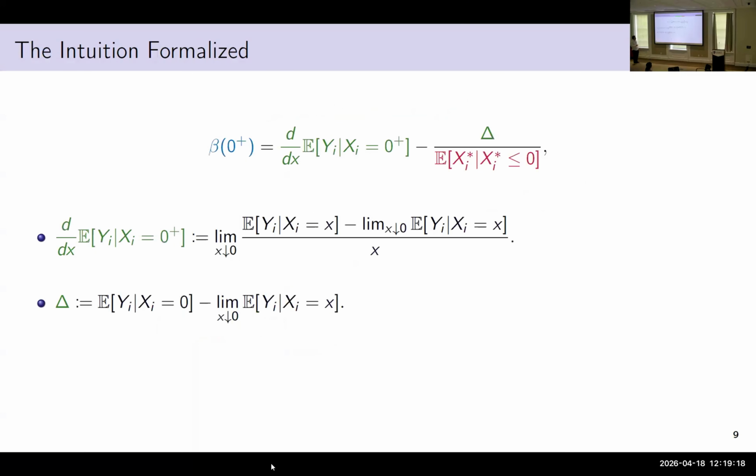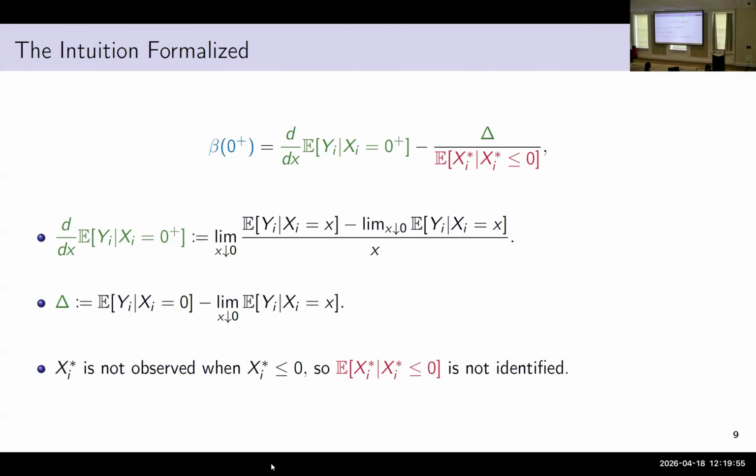Formalizing this, my target parameter equals this derivative that I can compute in the data, minus a correction term based on the discontinuity of the outcome at the bunching point, which I can also compute in the data, rescaled by this expectation of x star on the negative side. So to identify the target parameter beta 0 plus, it's now sufficient to identify this quantity here.